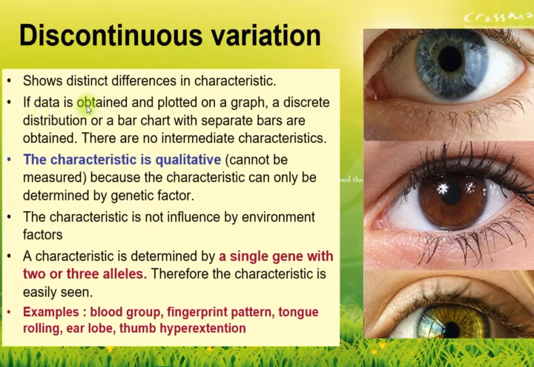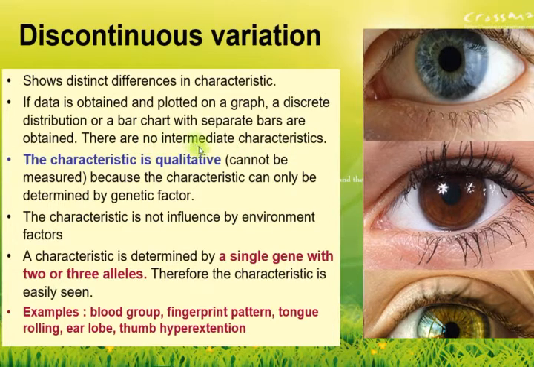If data is obtained and plotted on a graph, a discrete distribution, a bar chart with separate bars, is obtained. There are no intermediate characteristics.